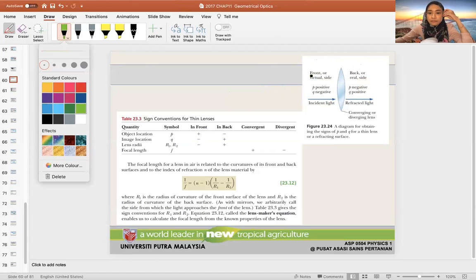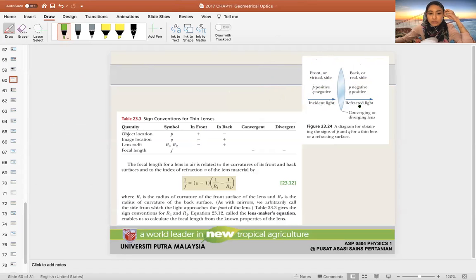Okay, so this is the front because you have your incident light here, you have your refracted light over here. Light that passes through, so naturally we will assume that the image is supposed to form here. So if my image is supposed to form here, this becomes the real side, and the place that it's not supposed to form an image becomes the virtual.